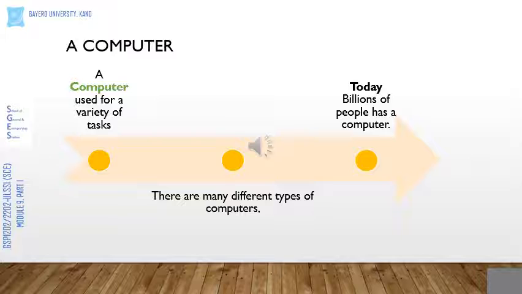A computer is used for different tasks. These include sending and receiving emails, browsing the internet, writing documents, creating presentations, playing games, editing photos and videos, running scientific simulations, building robots, and controlling industrial machineries.